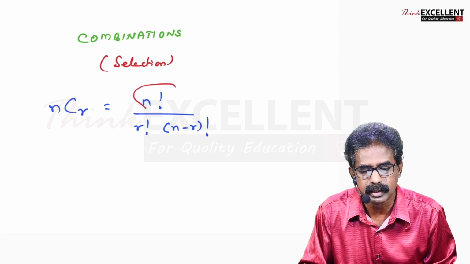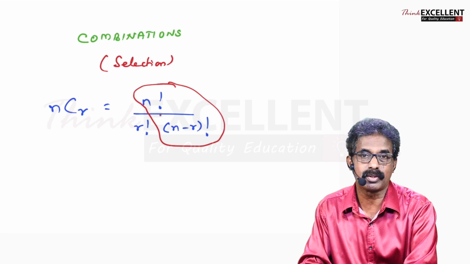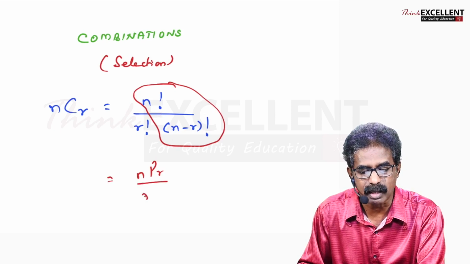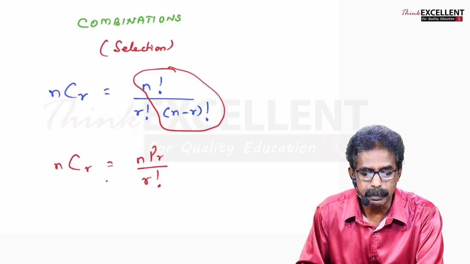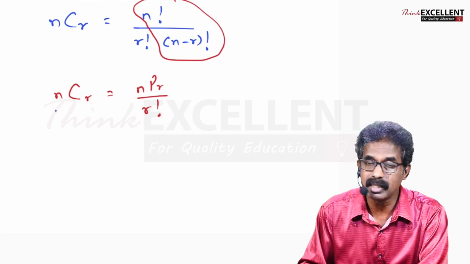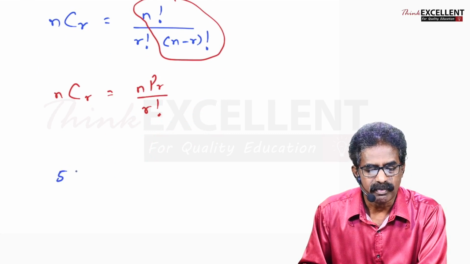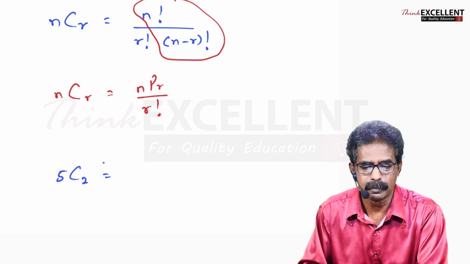See this part: n factorial by (n minus r) factorial, that is only permutation, right? That is nPr. By the denominator we have r factorial. This is nCr. So nCr is equal to nPr by r factorial. This is the relation between permutation and combination. Now let us see how to do sums. Suppose I want 5C2. If I apply the formula directly, what's the formula?